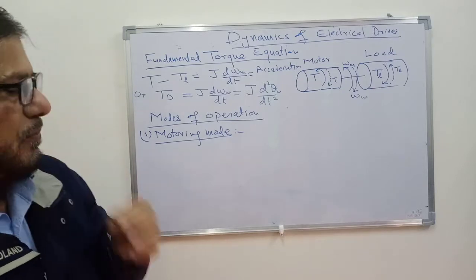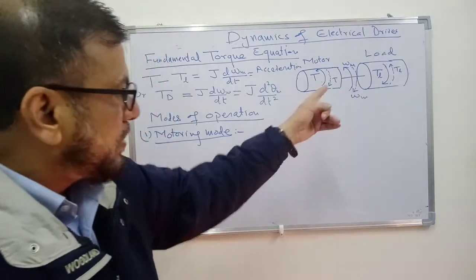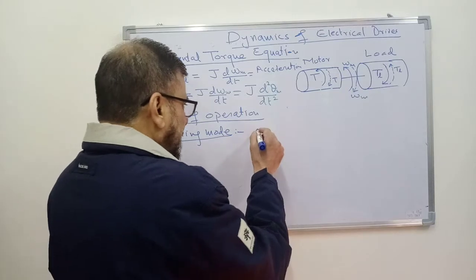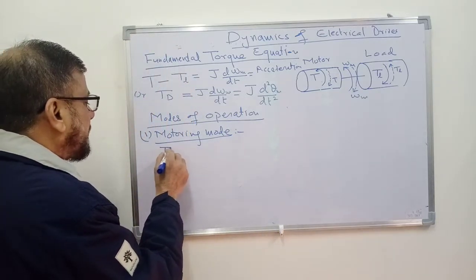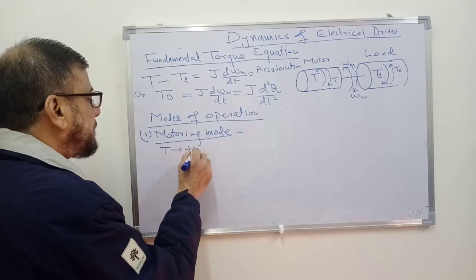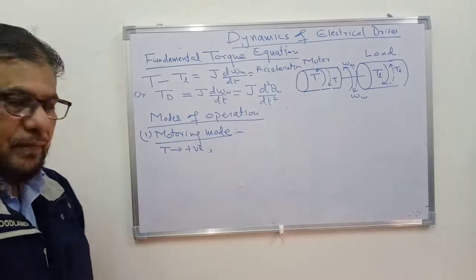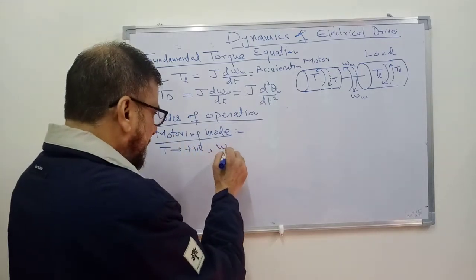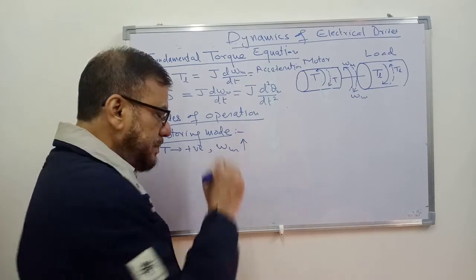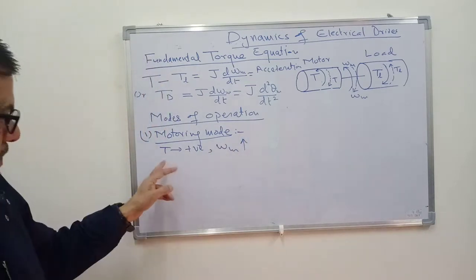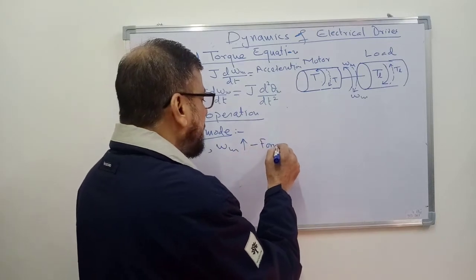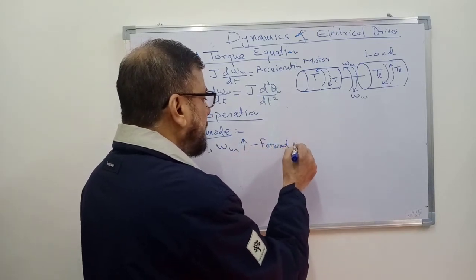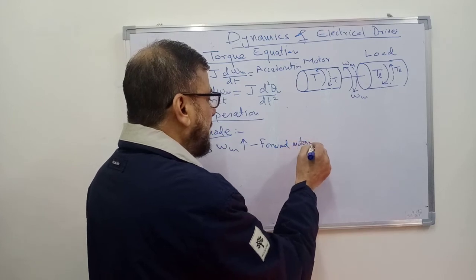Again, there are 2 possibilities. Both are shown here. If torque is positive and speed is also positive, then you may call it forward motoring mode.